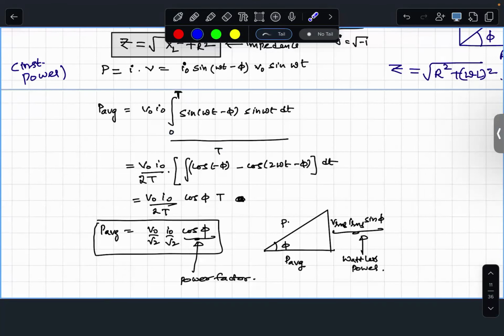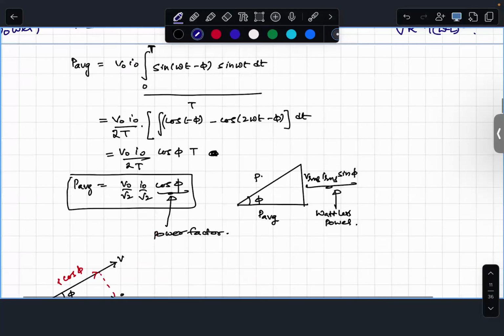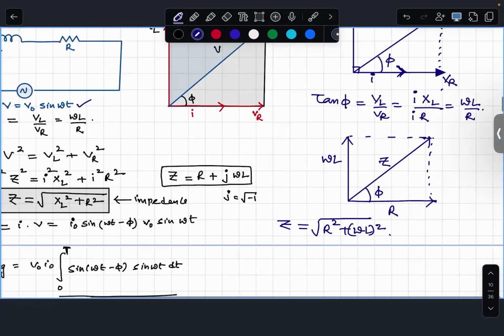By doing which, I will get finally in terms of cos, which I already introduced earlier in general, V RMS, I RMS, cos phi. Here the power factor is cos phi. From this you can write cos phi as R by Z.